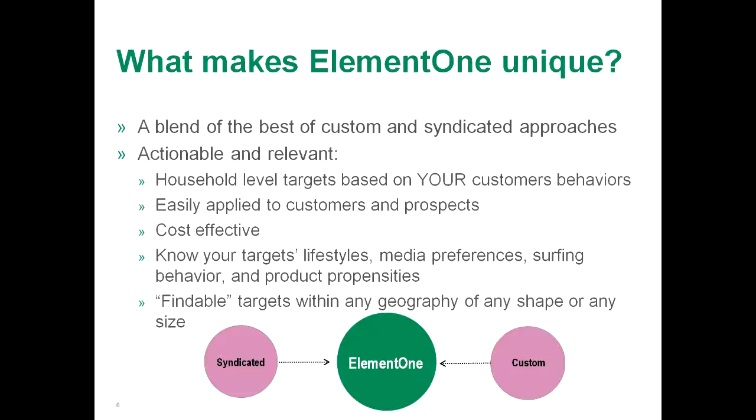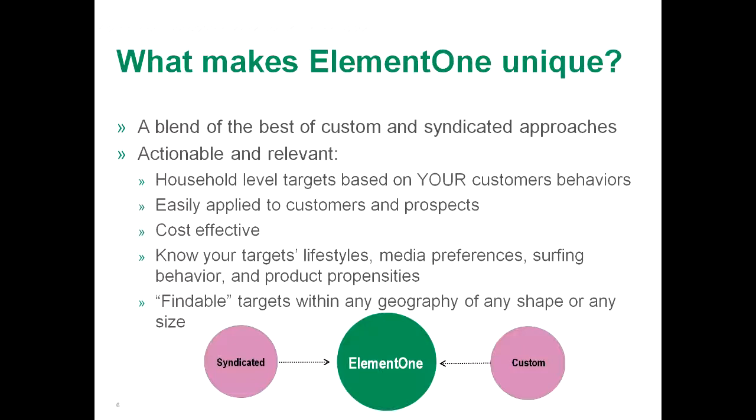What ElementOne does is it brings those two together. We allow for household-level targeting based on specific clients' customers' behaviors and buying propensities. We have a mechanism that allows this segmentation scheme to be easily applied to existing customers or prospects that are out there.